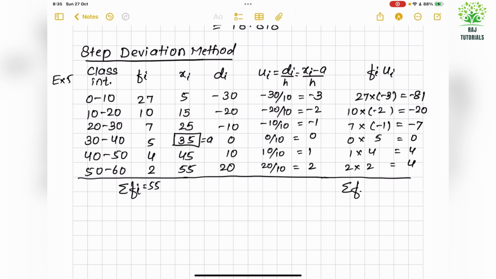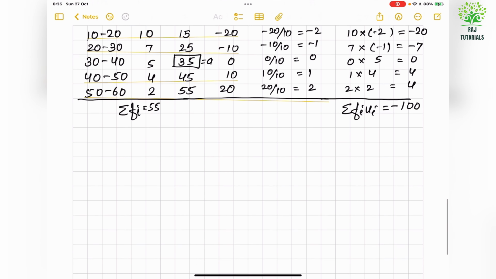So now sigma FiUi will be equal to minus 100. See here, this method will be the easiest. You have to do more calculation, but at the end your answer will be very short. So it makes your answer smaller and easier to calculate.